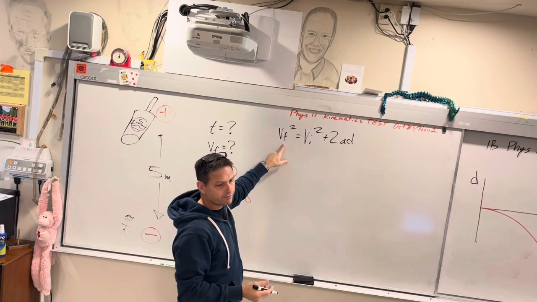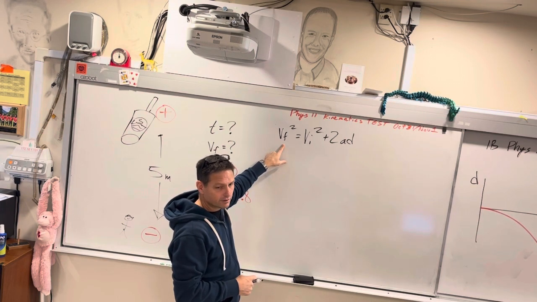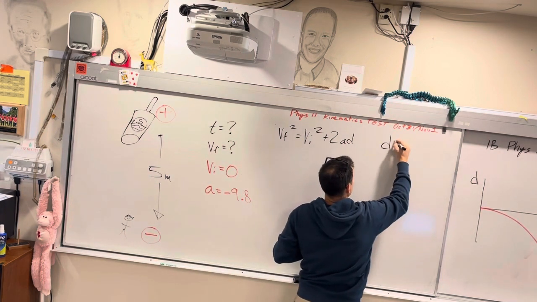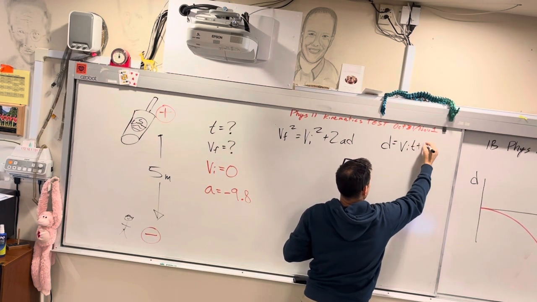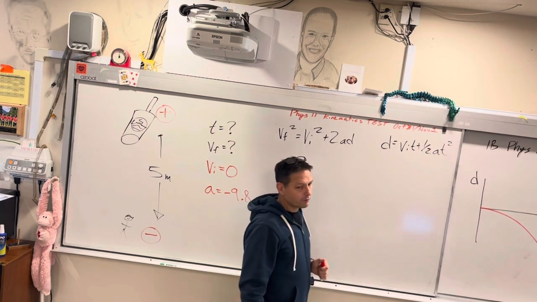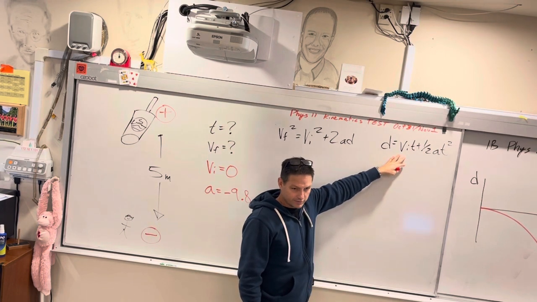What if we wanted to find the time and we didn't care about the VF? Omar? Use D equals VI T plus half A T squared. Okay, but Omar, this is going to require a quadratic formula. This is messy.